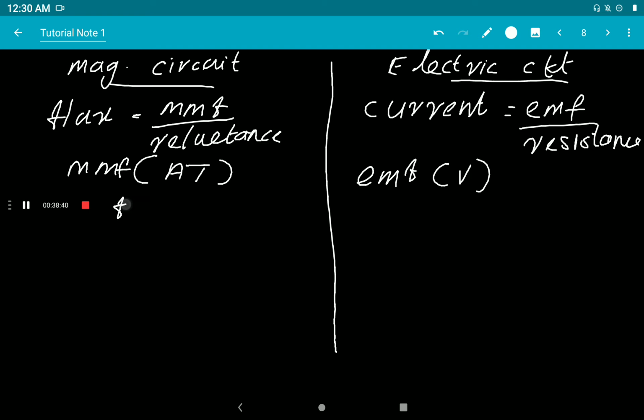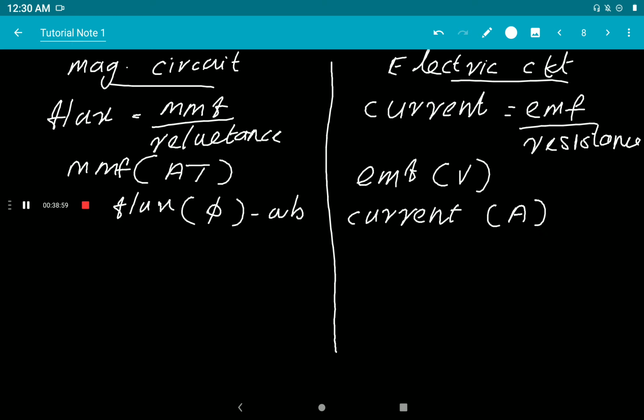Flux is usually denoted as phi, and the unit is Weber, Wb, and it is similar to current in an electrical circuit, and the unit is ampere. And another term we studied in magnetic circuit is flux density.